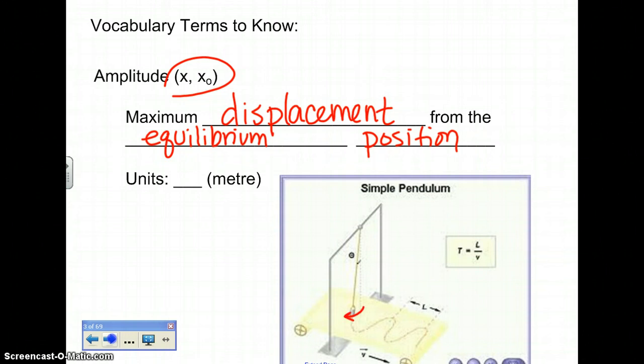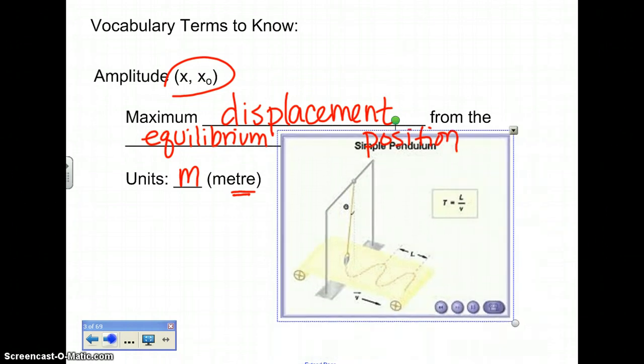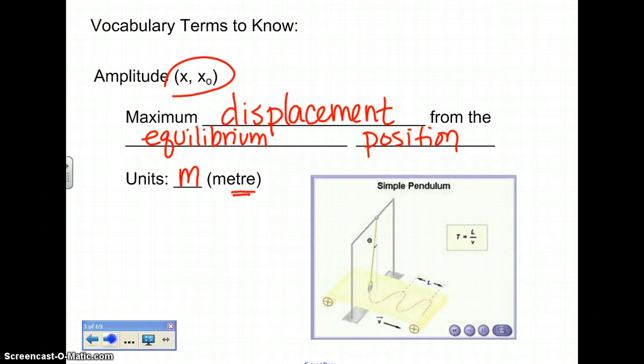Okay, so that would be like looking at your amplitude, how far this string was pulled back. Furthermore, it's going to be measured in meters. Metric system there, you know, international units, literally from the French, it's going to be spelled with an R-E instead of an E-R.